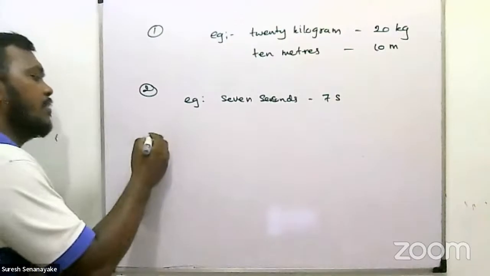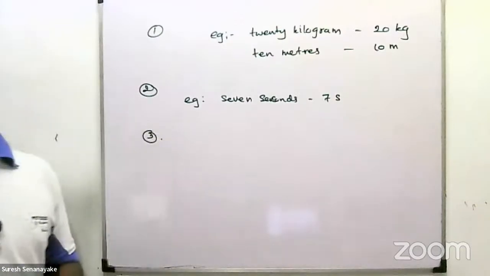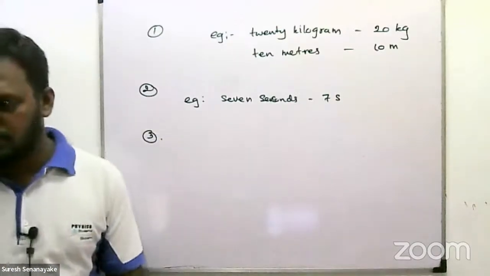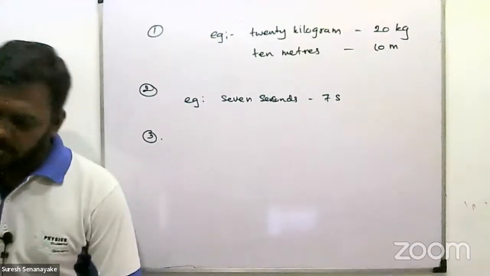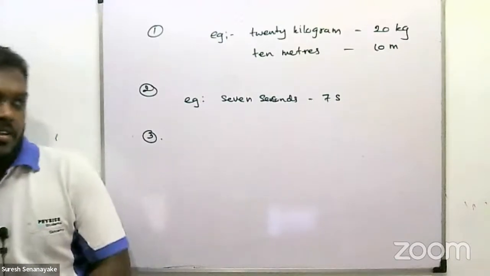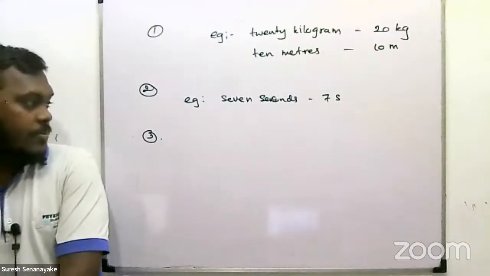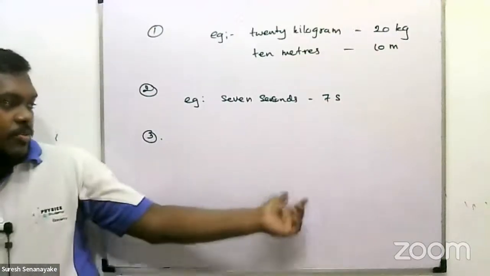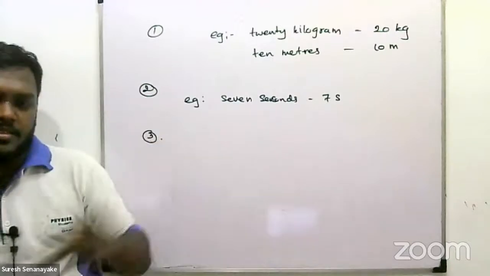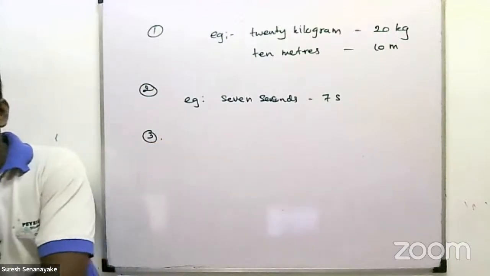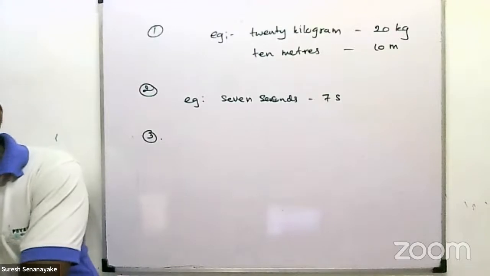Right, the third one. When using more than two base units, between each two base units you need to put a space. There must be a gap, one space gap.